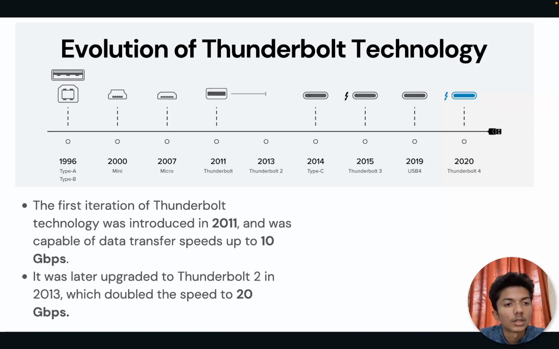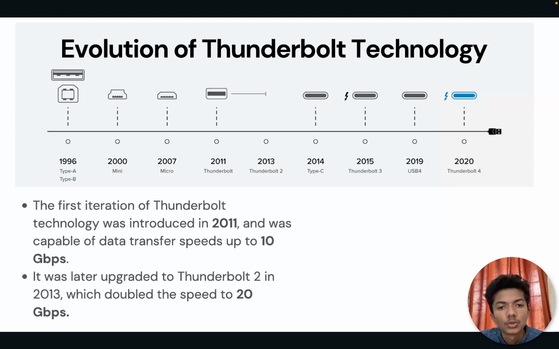So in this timeline chart, in 1996 the USB Type A and Type B started playing in the market. After 2000 many ports launched, and after exactly 11 years Thunderbolt came into the picture, first launched as Thunderbolt generation 1.